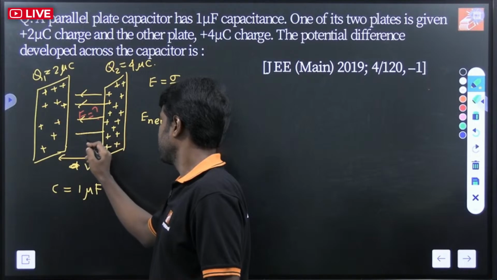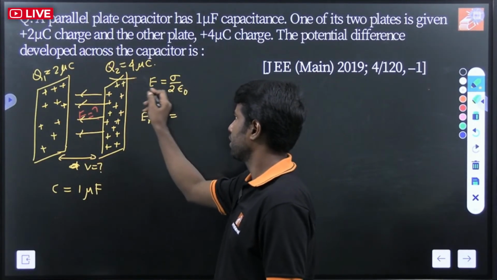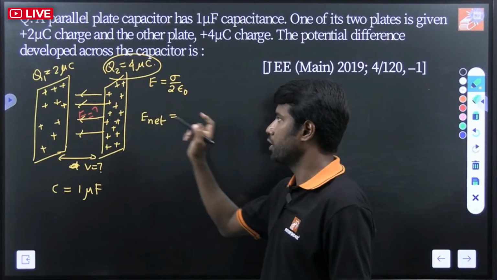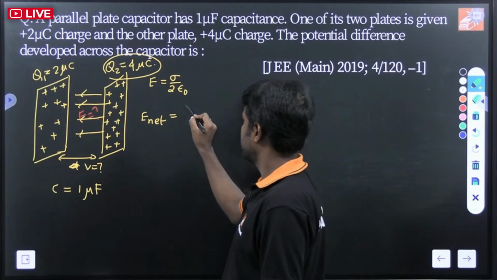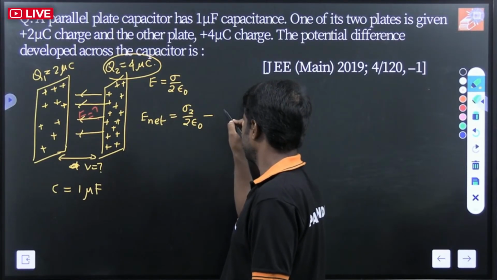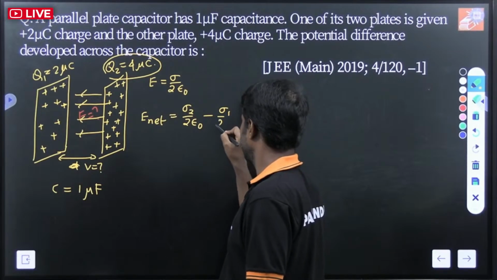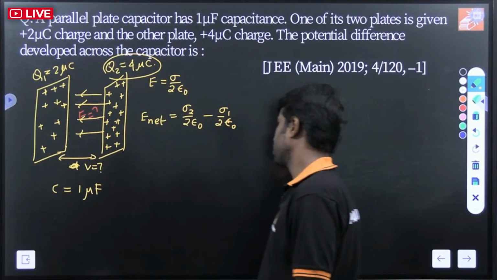Q2 has the greater value, so E2 will be greater than E1. So that means sigma 2 by 2 epsilon naught minus sigma 1 by 2 epsilon naught.